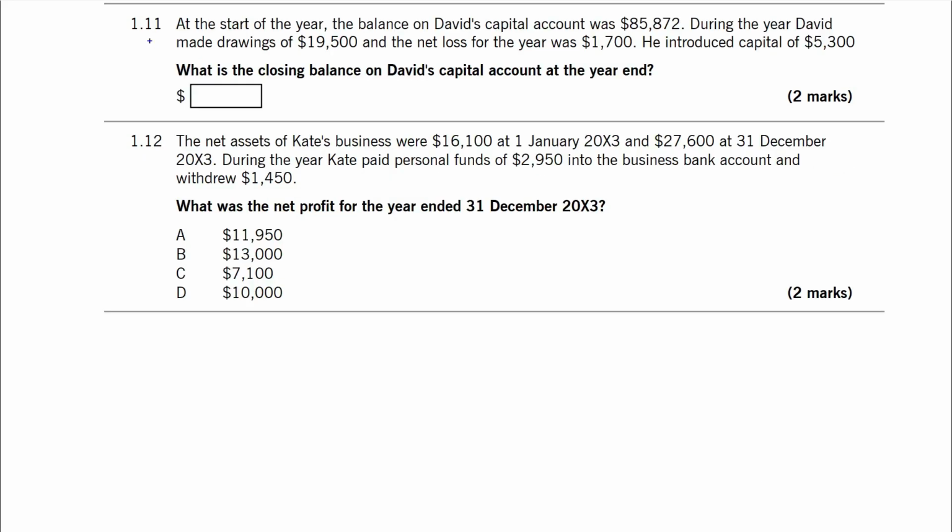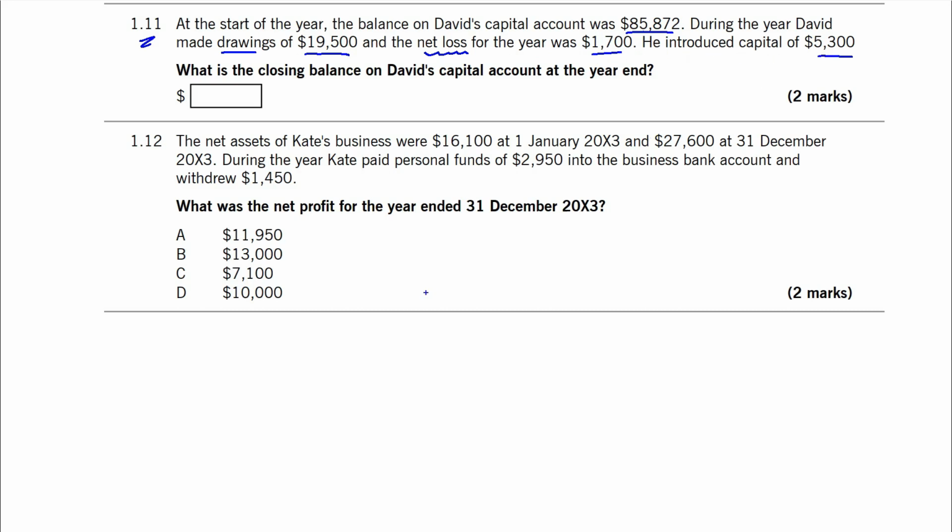Our next question is question number 11. At the start of the year, the balance on the debtor's capital account was this. So it's our opening capital during the year. David made drawings of this amount. It's our drawing. And a net loss, we don't have profit for this year, of this amount. He also introduced capital of this amount.